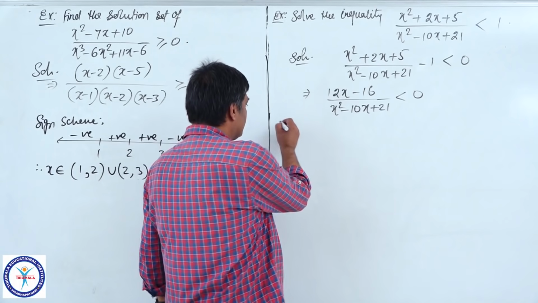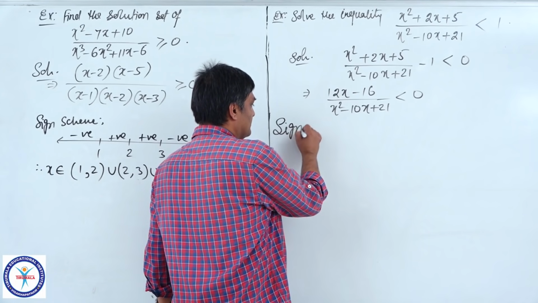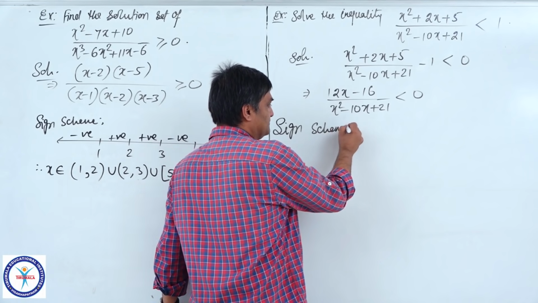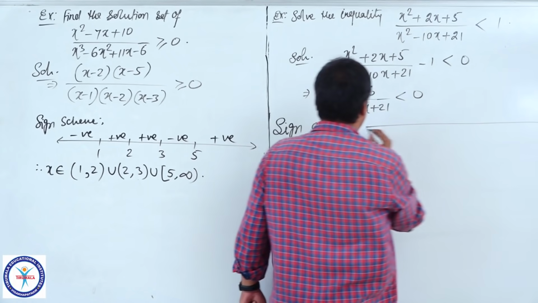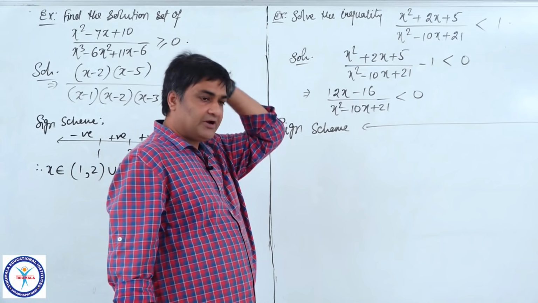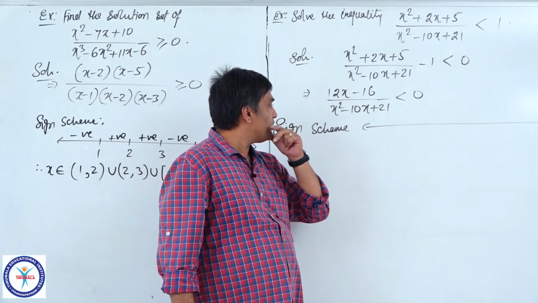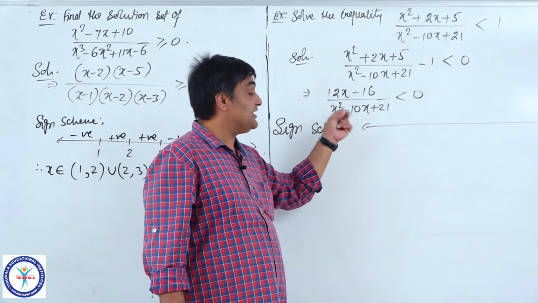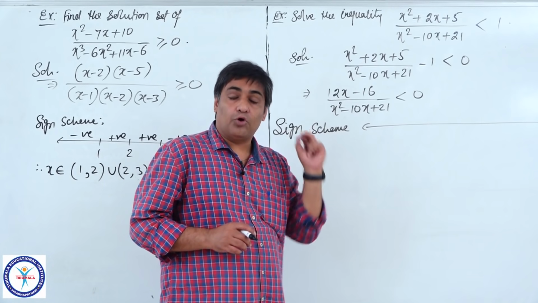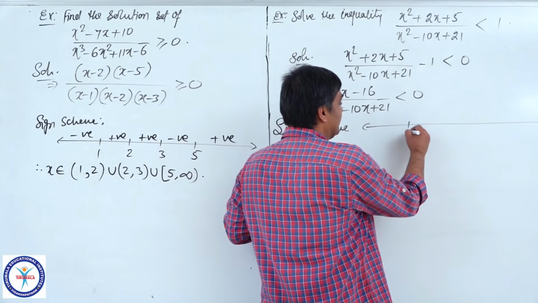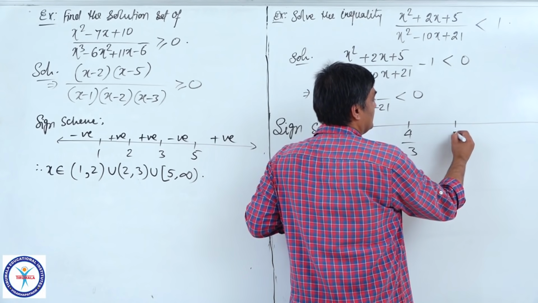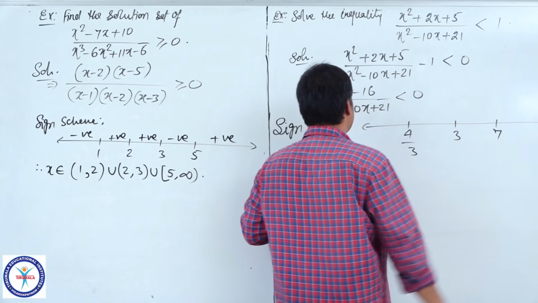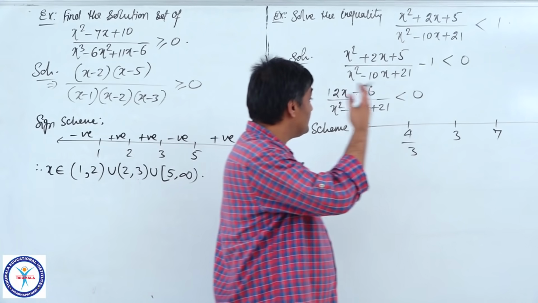Write the zeros, sign scheme. What from numerator? 4 by 3, and from denominator 3 and 7. Okay.